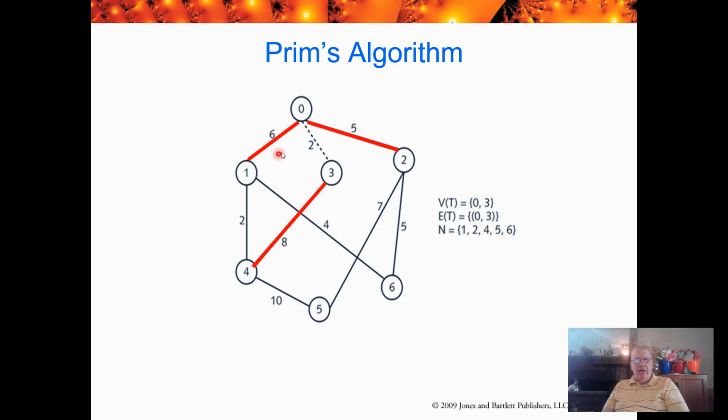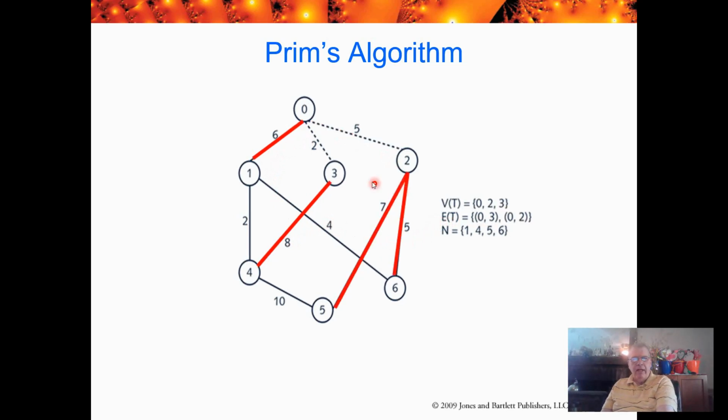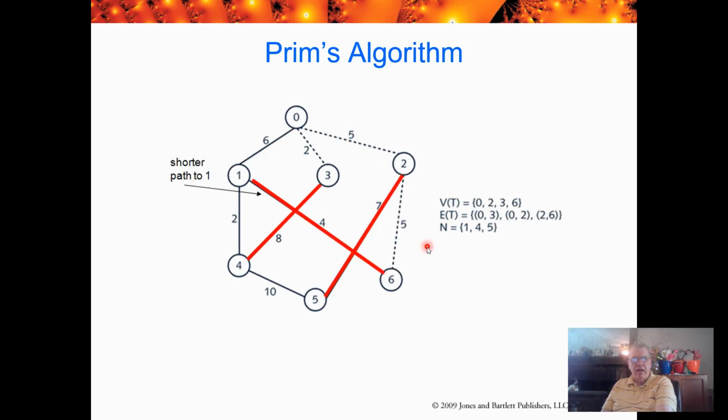So now we consider 8, 6, and 5, and we choose 5. And then we look at 5, 7, 8, and 6, and we choose 5 again. Now we eliminate edge 6 because now we have a possible shorter path to 1 than going from 0 to 6.